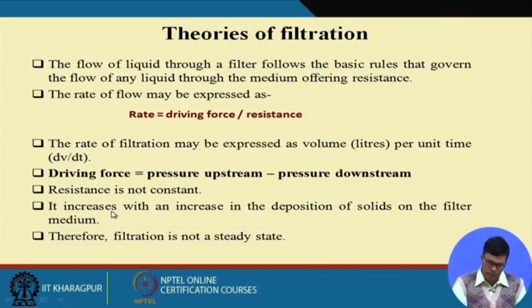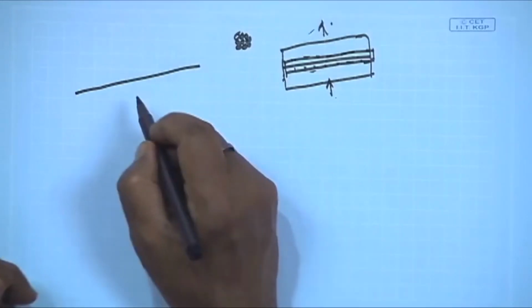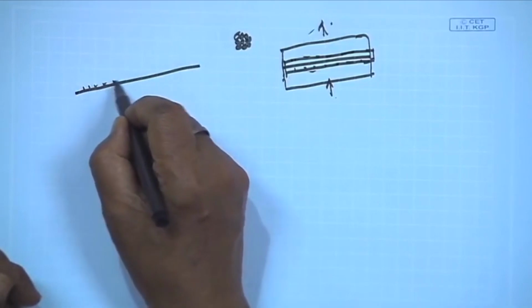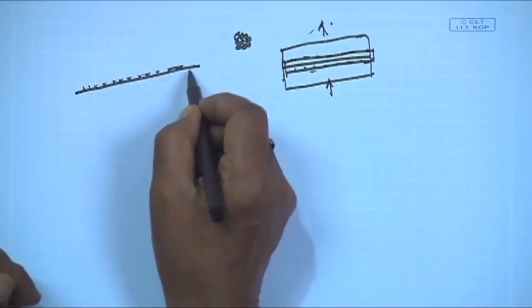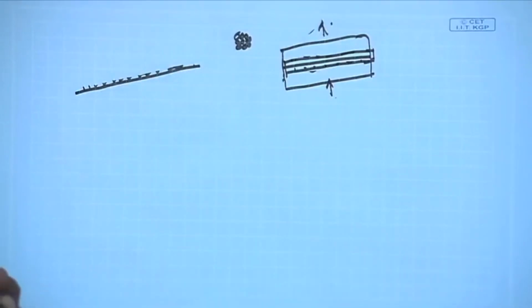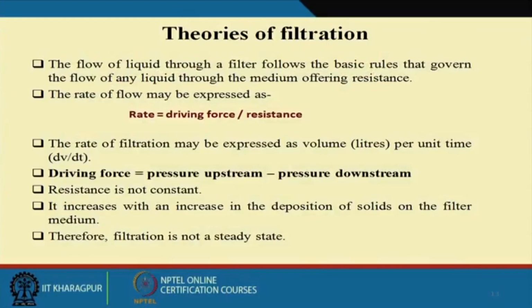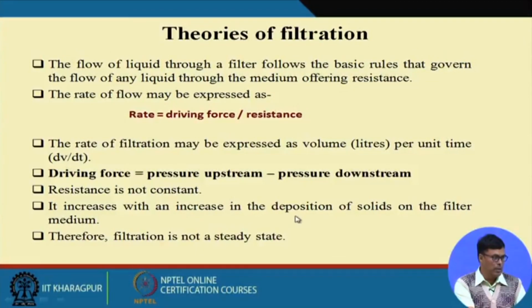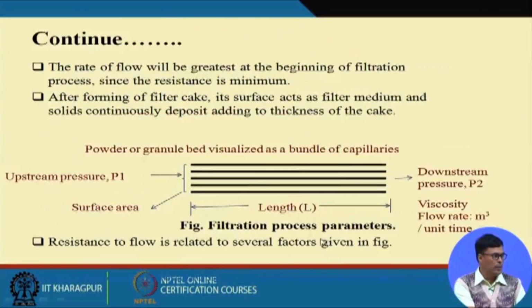Let me explain that. Suppose this is the filter media, and the particles deposit on the surface and close the pores of the filter. Naturally the pressure difference will be more. The resistance increases with the deposition of solid on the filter media. Therefore filtration is not a steady state.